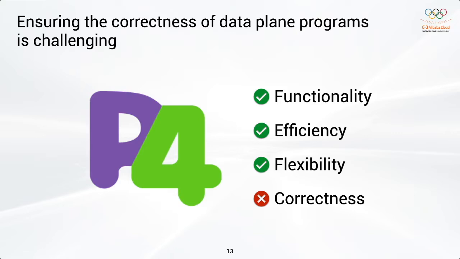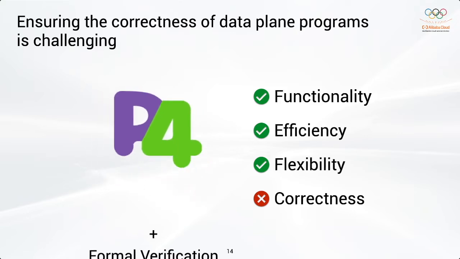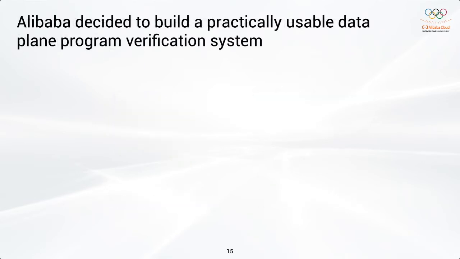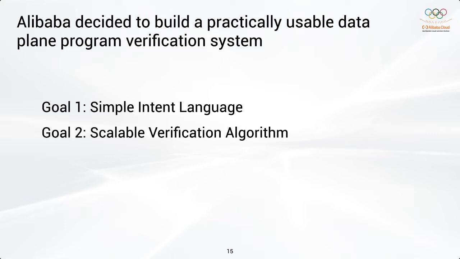To prevent any possible data plane bugs, we need a practically usable verification system to rigorously verify the correctness of data plane programs. To make the verification system practically usable, a simple and powerful language is required to help developers express their intent in an easy way. The verifier should be able to verify production-scale data plane programs and give results within a tolerable time.